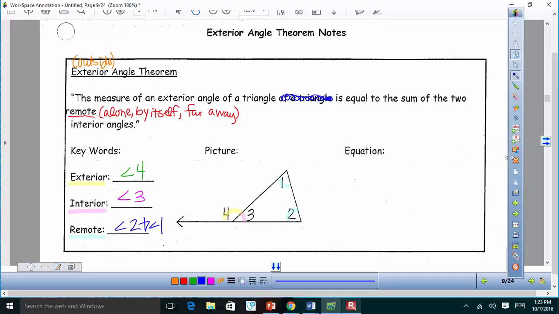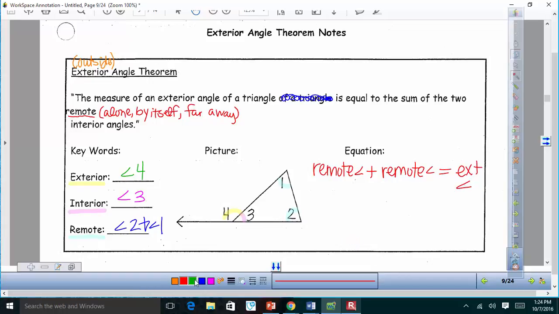Okay, so the generic formula for finding an exterior angle is going to be remote angle plus remote angle equals the exterior angle.